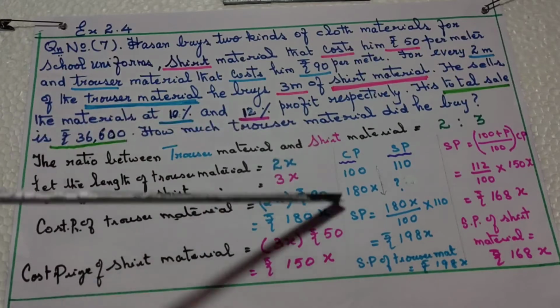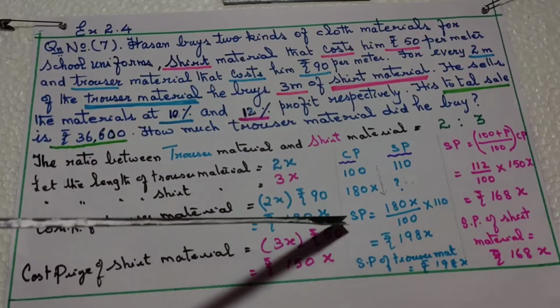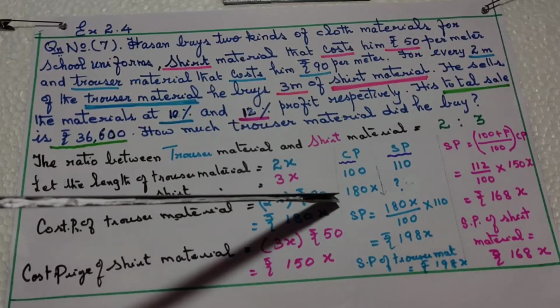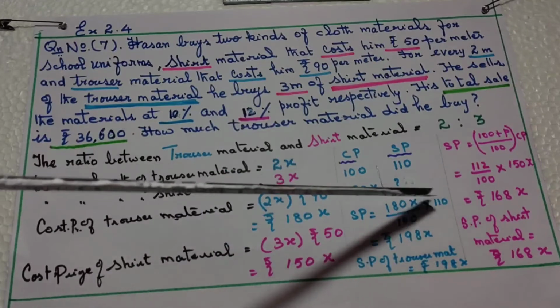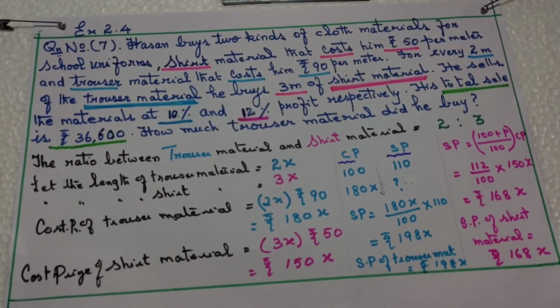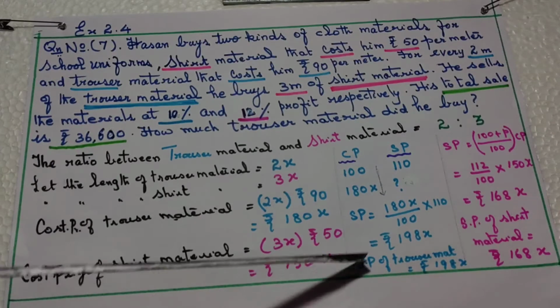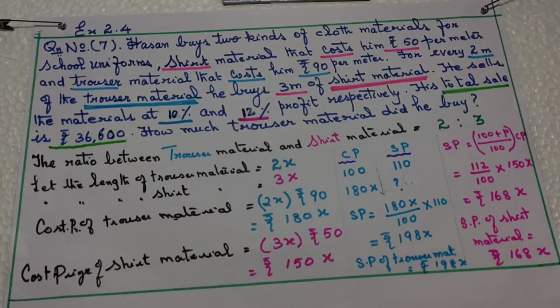Now when the cost price increases, the selling price will also increase. So it is a direct variation. So SP is equal to 180x divided by 100 into 110. Now the zeros get cancelled. We get 198x. Now we got the selling price of trouser material.